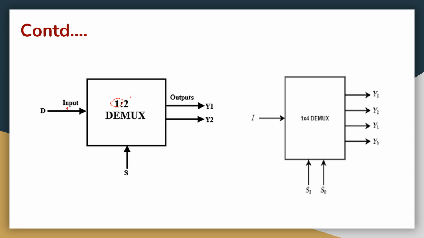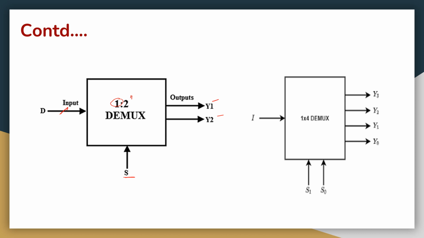So there is only one input line and two output lines, y1, y2. So 2 can be written as 2 power 1. Therefore, this 1 indicates the number of selection lines. Therefore, the number of selection lines is only 1.